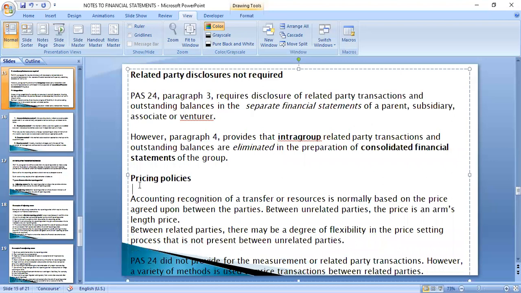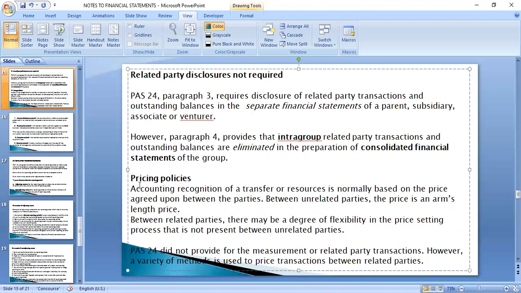However, a variety of methods is used to price transactions between related parties.